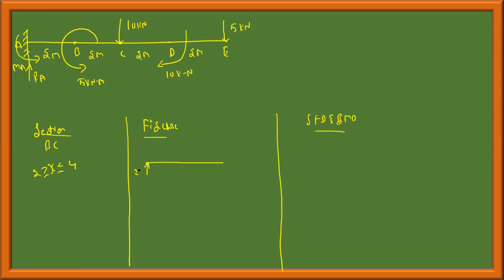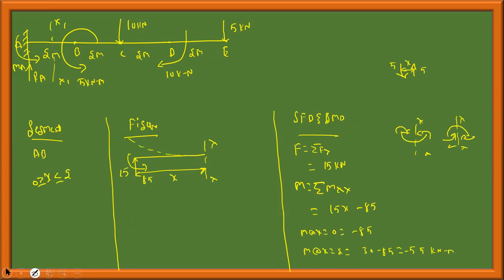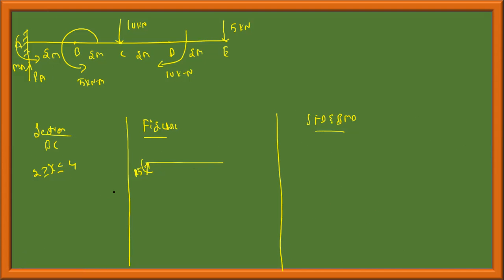RA 25, sorry, 15, and 85. What is the value of this moment about x is equal to 2, minus 60 minus 30?